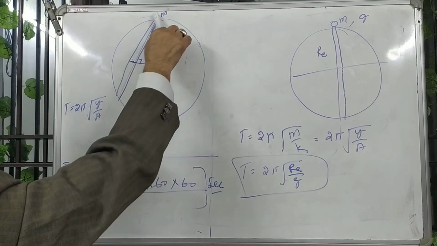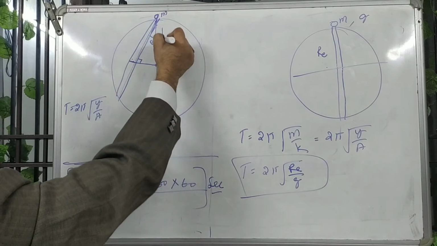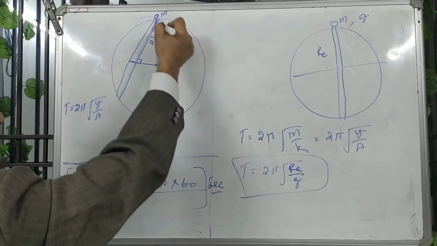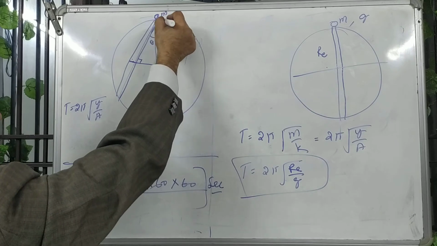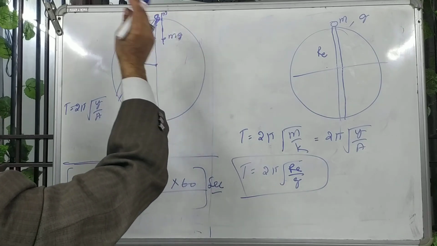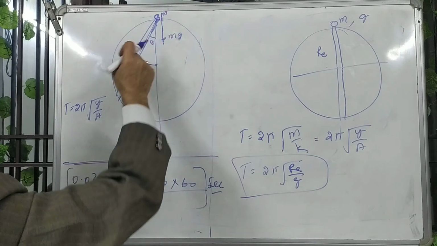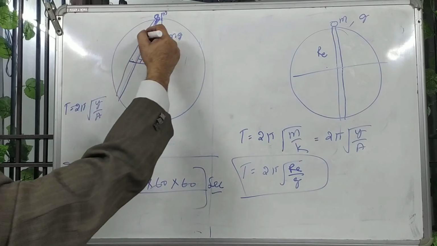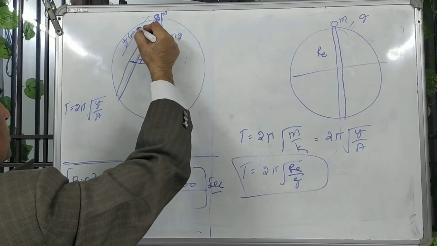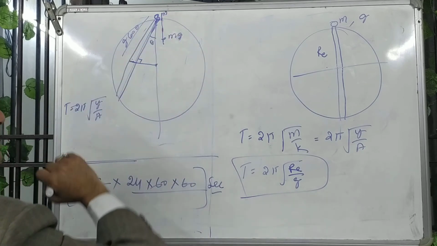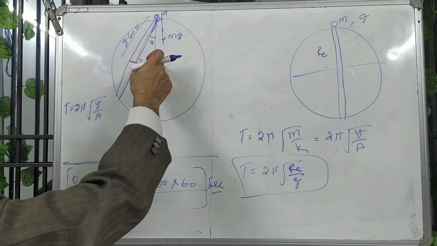The force mg is acting here, so take the component of this force along the tunnel. So g along this will be g cos theta, the acceleration along the tunnel.